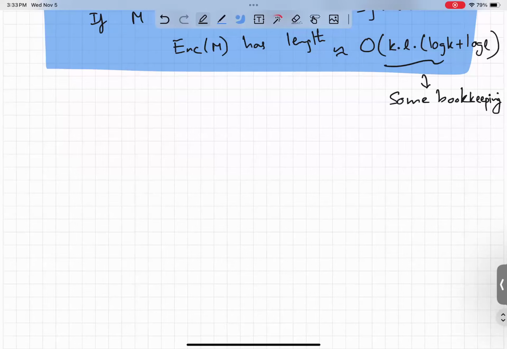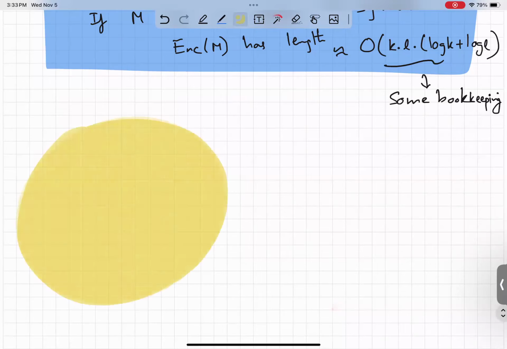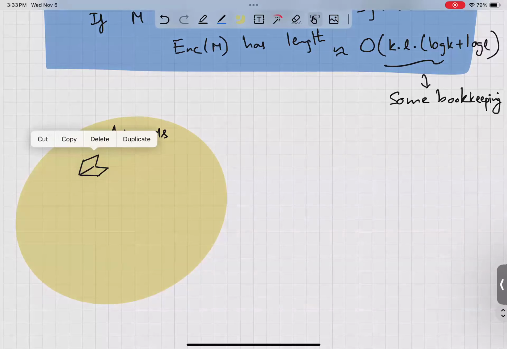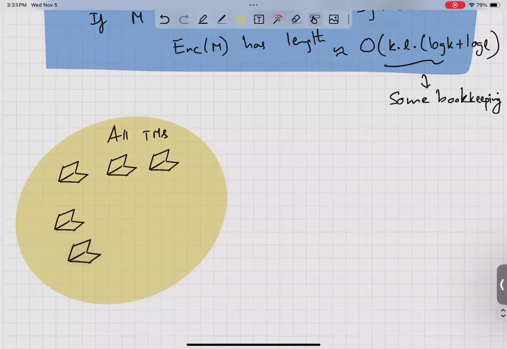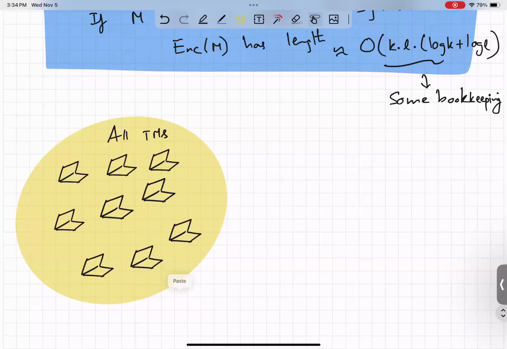All right. And so one way to think about this is the following. You have all possible Turing machines. That's supposed to be a laptop, by the way. Looks like an arrow.